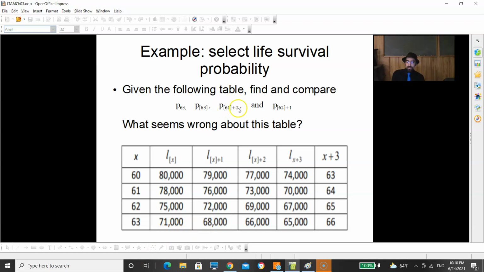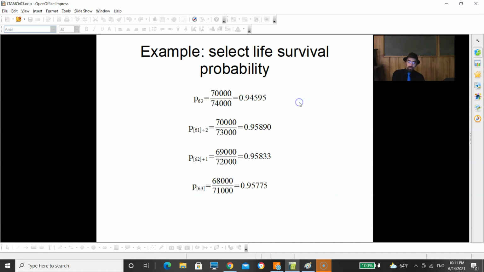P selected at 61 plus 2 would be 70,000 divided by 73,000. And selected at 62 plus 1 would be 69,000 divided by 72,000. We crunch our numbers.